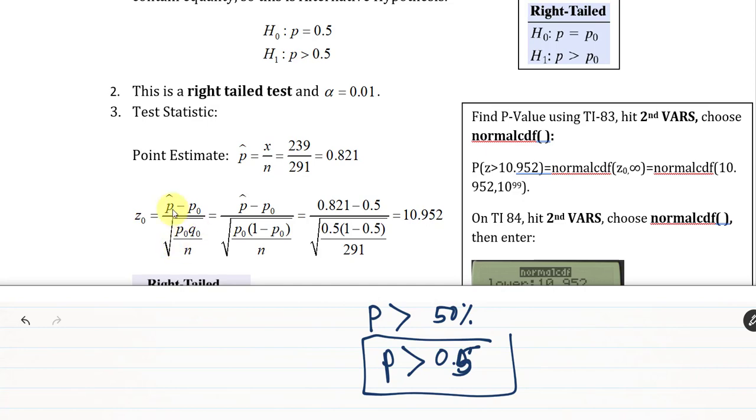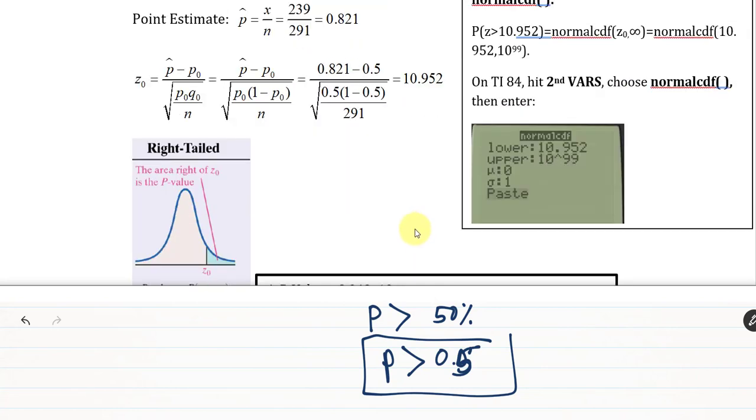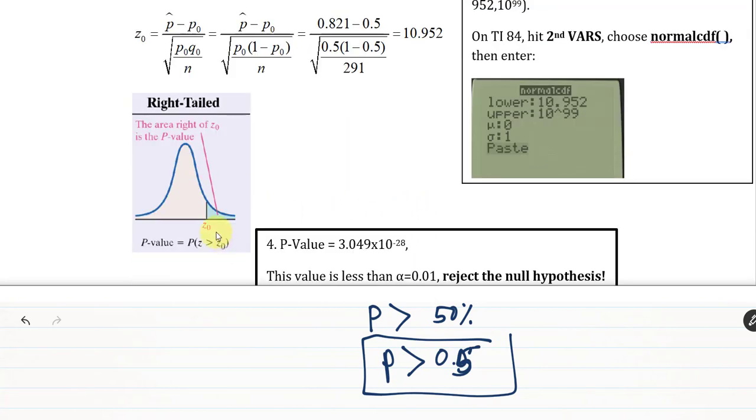We have everything: we have p hat, we have p naught, we have n, we have q naught. Then we can find z naught. z naught is 10.952. And again, this is the right tail test, so you are looking for the area to the right of this z statistic.